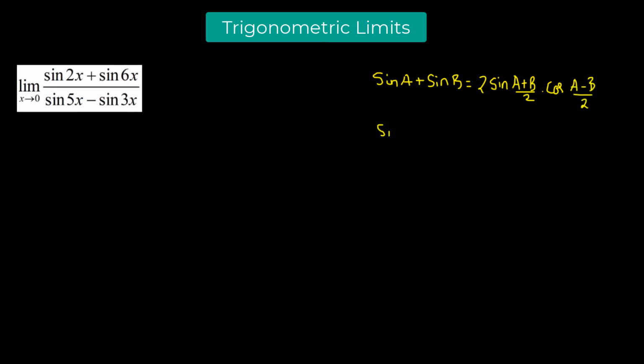And if we have sine A minus sine B, like in the denominator of the given function, that can be rewritten as 2 times cosine of (A plus B) over 2 times sine of (A minus B) over 2. So let's apply these two identities to both our numerator and the denominator.